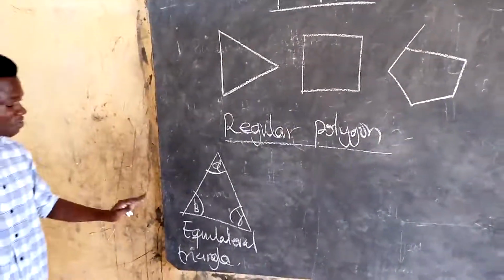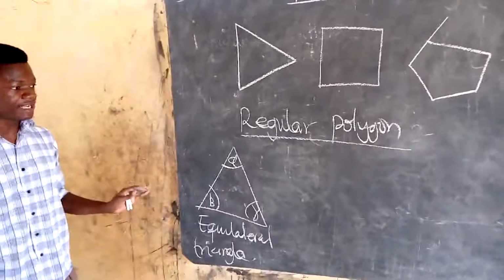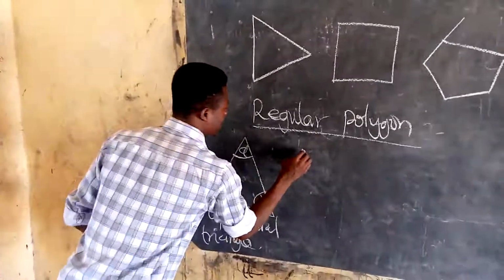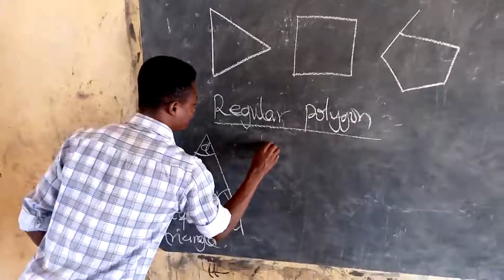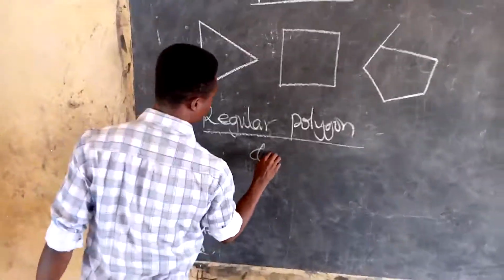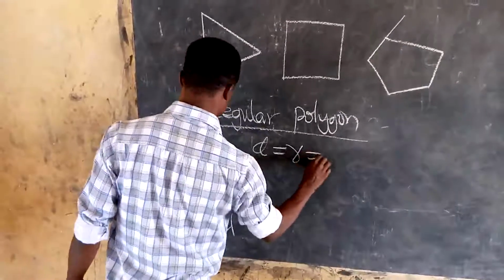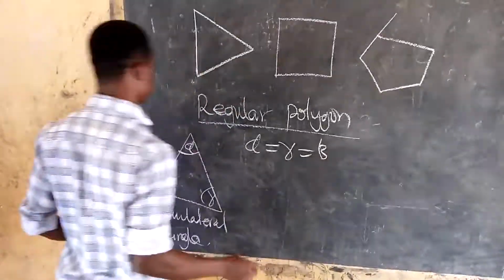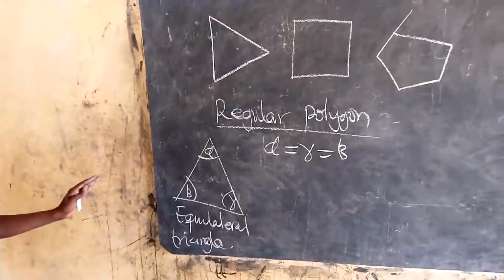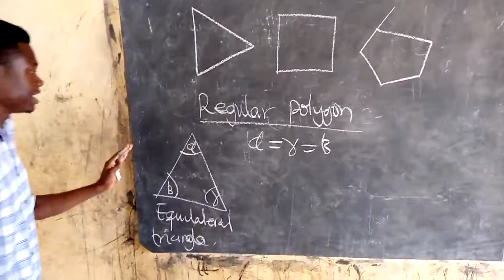For this to be classified as a regular polygon, it means that my angle alpha should be equal to my angle gamma and should also be the same as my angle beta. This qualifies to be a regular polygon.